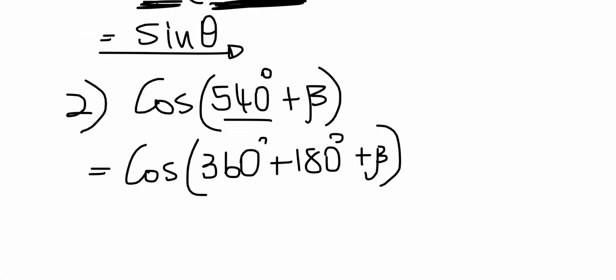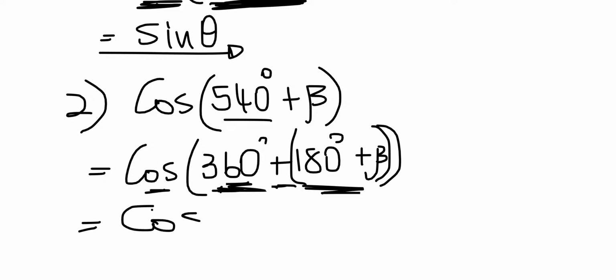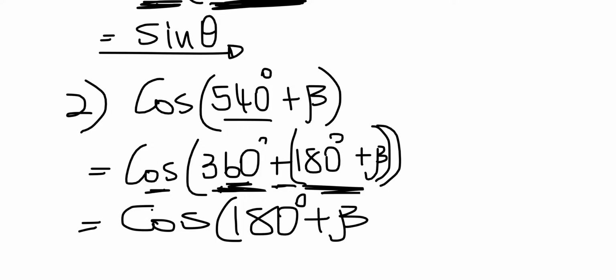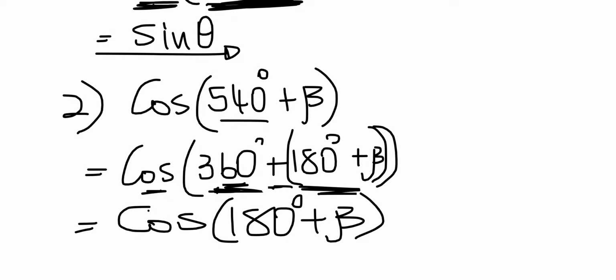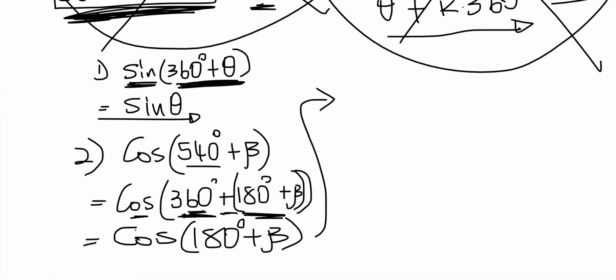So can you see, based on what I've explained, I said the moment we have 360 plus, what do we assume it to be? Falling in the first quadrant. Then it means the whole of this angle falls in the first quadrant, because it is 360 plus whatever it is. So in the first quadrant, cos is what? Cos is positive. That's why we will therefore say this thing is the same as cos of 180 degrees plus that angle. I don't have space, I'll continue there.